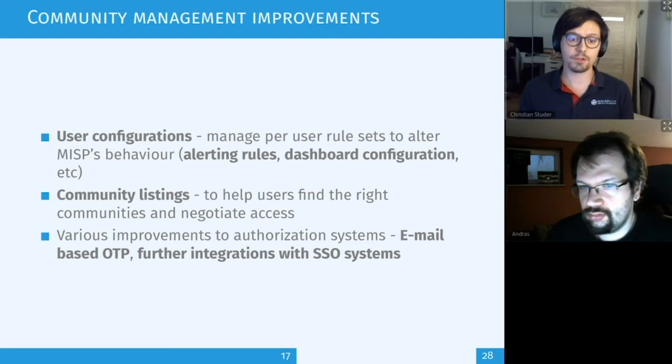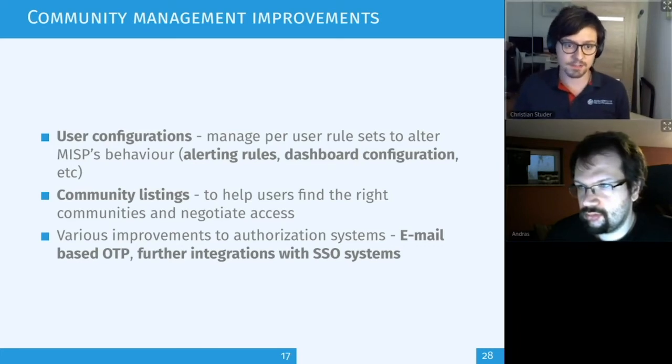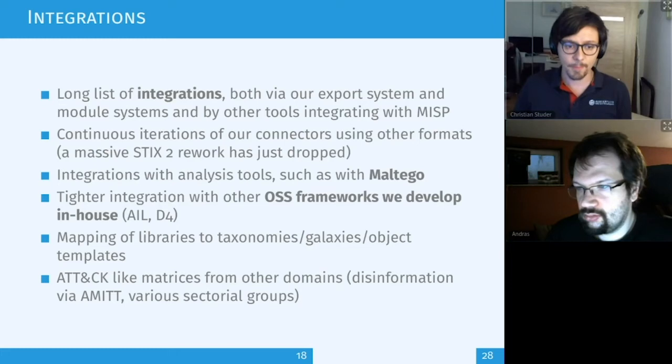The owners of the communities will get an alert email describing all necessary information to enroll the registrant, should they choose to allow them into their community. We have also improved our integrations with authentication systems, and we also had an email-based OTP system contributed to MISP.